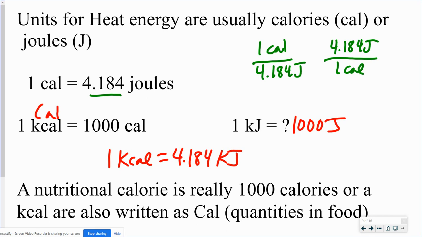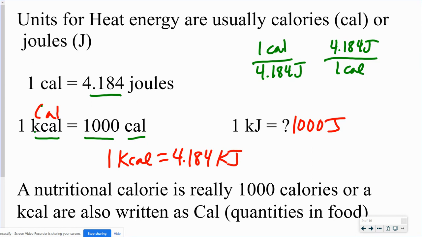If we have kilocalories, that will be either capital CAL or it'll be a KCAL for kilocalorie. That's what 1,000 calories is. And if you look on food labels, the value that they give on there is really the kilocalorie, not the little calorie.